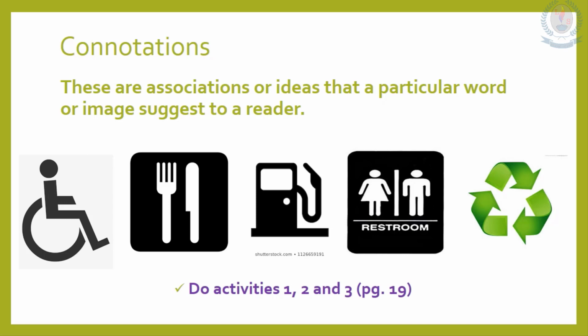The second picture shows that there is a canteen or a restaurant available nearby, right? It's an eating place. Third one, I'm sure you've seen this. This means that there is a fueling station close by.